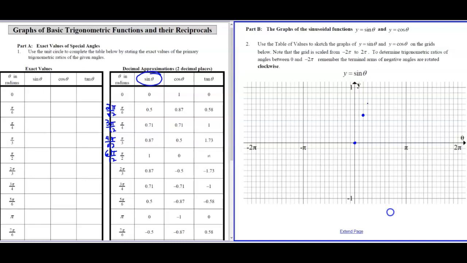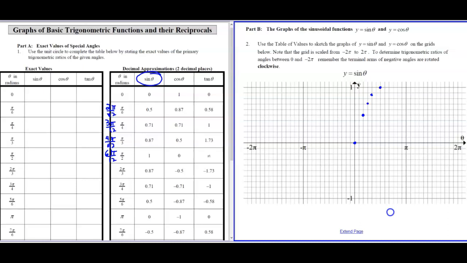So you're going to estimate a little bit. 4 grid markings is 0.87. Again, you're estimating a little bit. And for pi over 2, which is 6 grid markings, it's at 1. Then take a look what happens. These values now decrease with the same value.